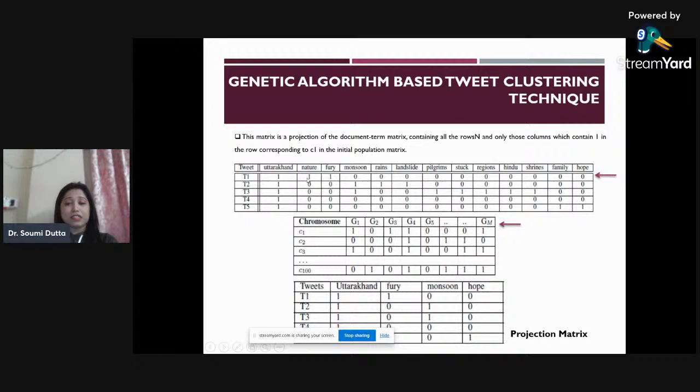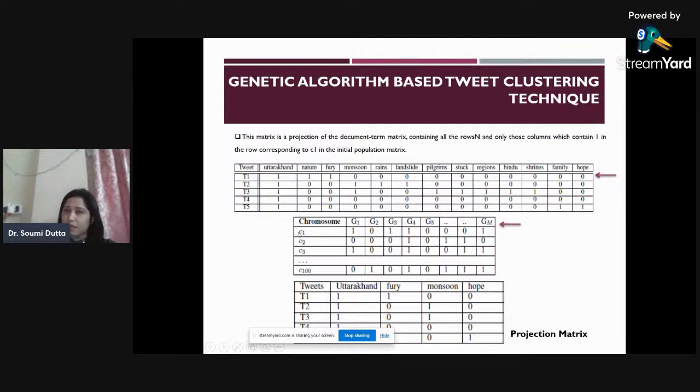So considering these three ones, I'm creating this chromosome, with 1 at T1, 1 at T3 and 1 at T4. So basically I am considering C1 as solution 1.